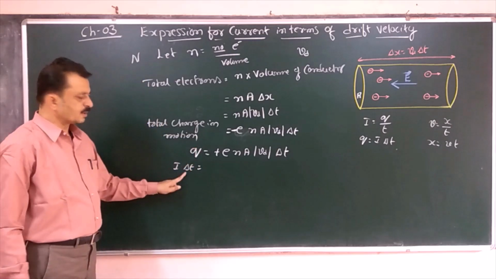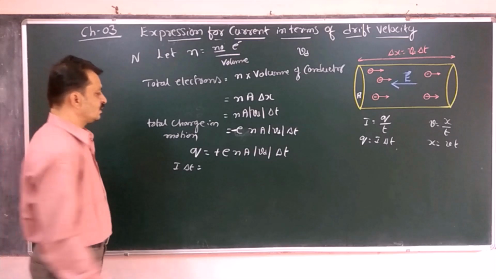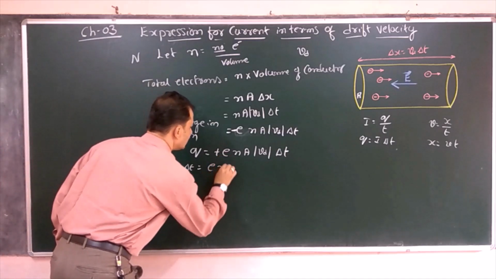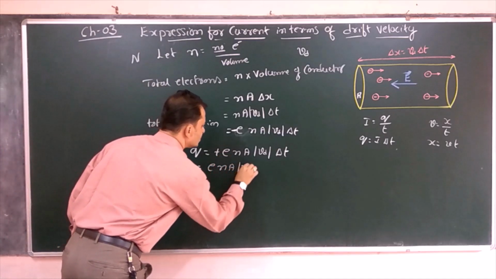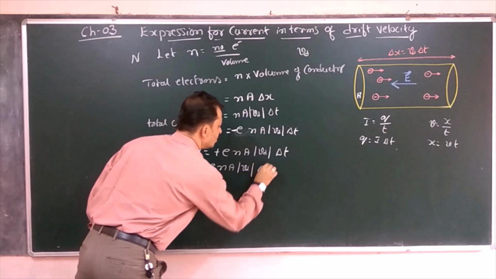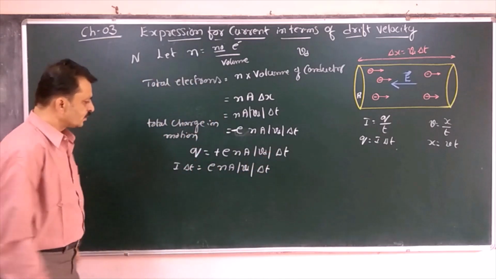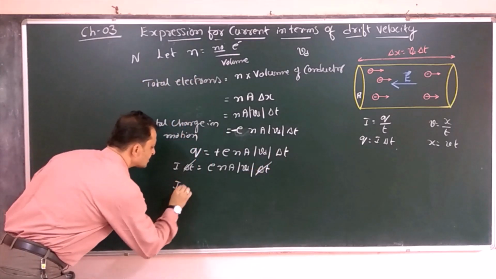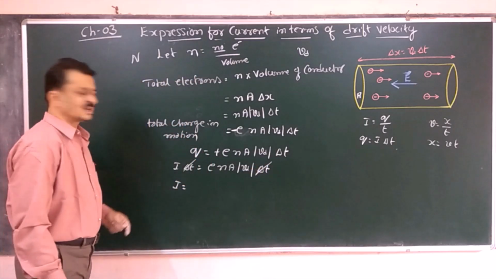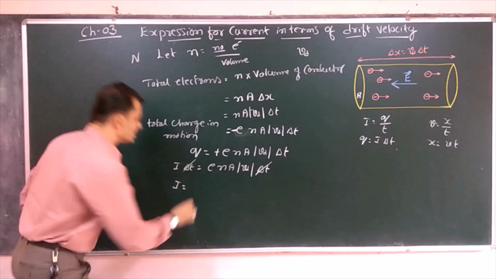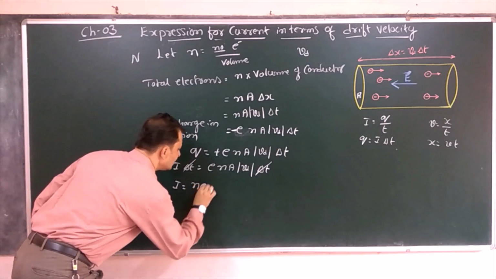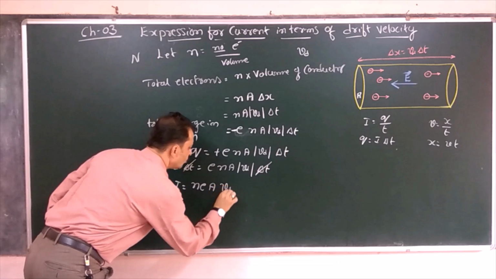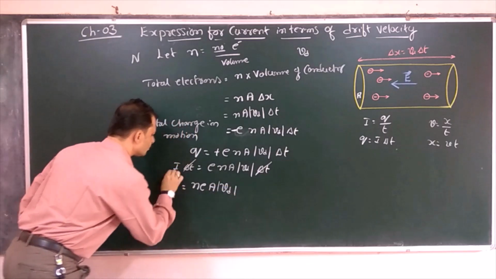Charge is equal to current multiplied by the time delta t, equal to e n A into Vd into delta t. That is the expression. Now delta t gets cancelled. Therefore, the expression for current in a conductor in terms of drift velocity, I will rearrange the terms, is n e A Vd. That is the magnitude.